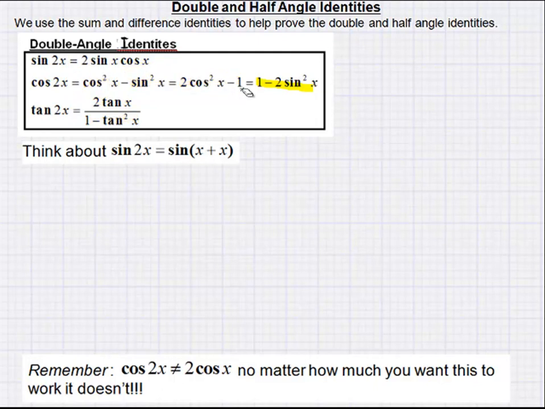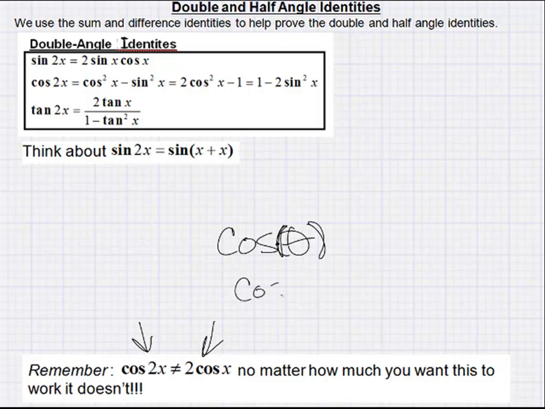Why they are what they are, we'll see in a second, but there's something important to know. Remember, cosine of theta is not cosine times theta, it's cosine of theta.